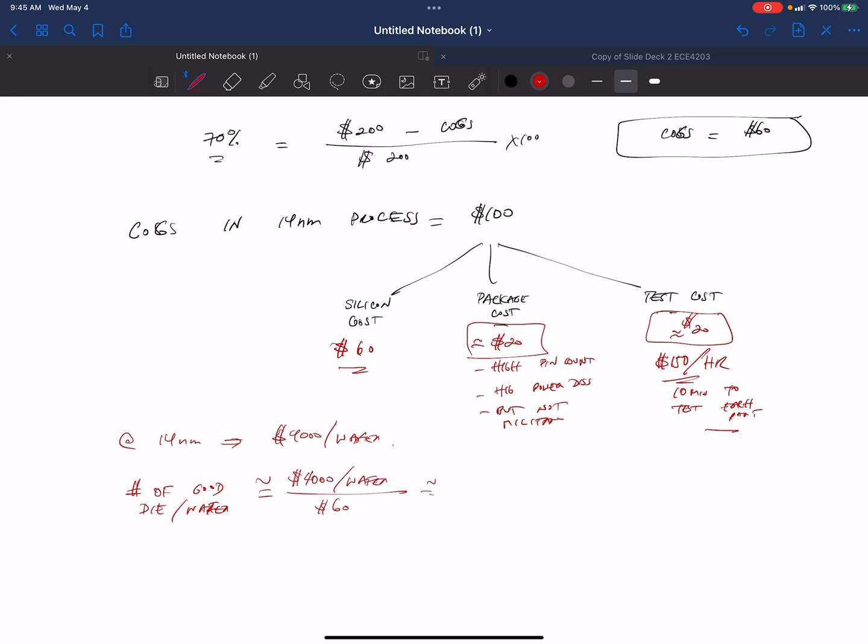So approximately 66 die per wafer is probably what they're getting.